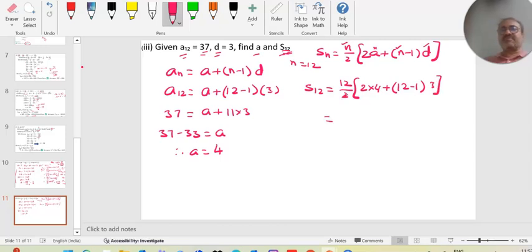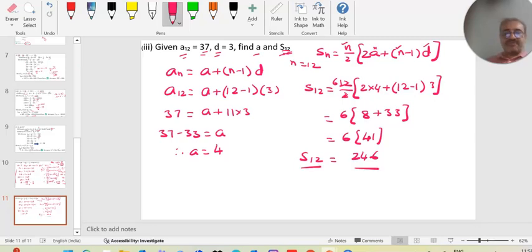So 12 by 2 means 6, into 2 fours are 8 plus 12 minus 1, 11 into 3, 33. That is equal to 6 into 33 plus 8, it is 41, which is equal to 246. Therefore, S12 is equal to 246.